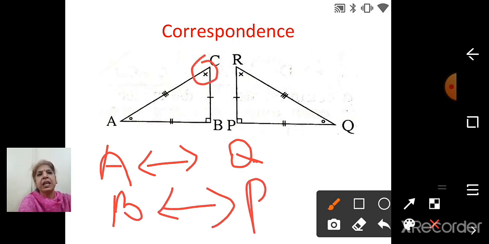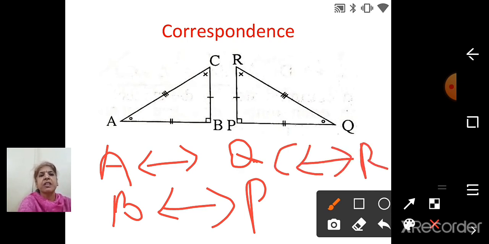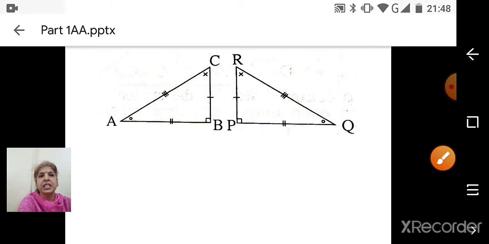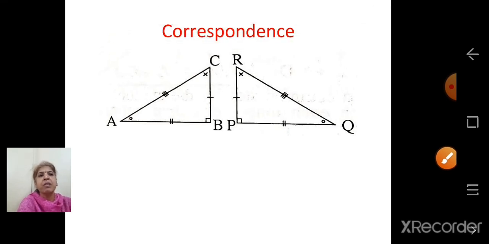And see the marking of C and R. Identical markings are given. It means they are congruent. So C corresponds to R. So this is the way the correspondence is there. And if we want to write the correspondence, that is 3 vertices together, how we will be writing it?